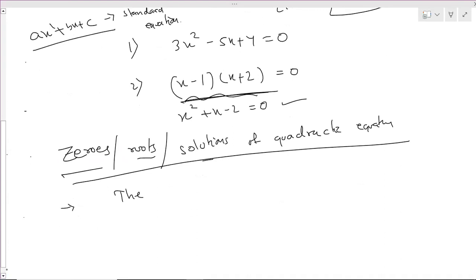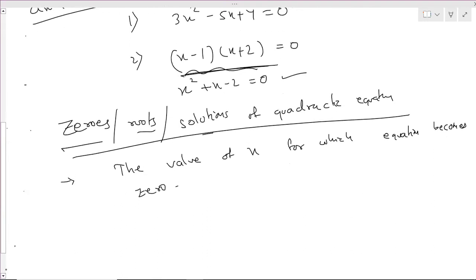The value of x for which the equation becomes 0. We are not going into the theory part a lot. We are just learning how to solve questions. The value of x for which the equation becomes 0.